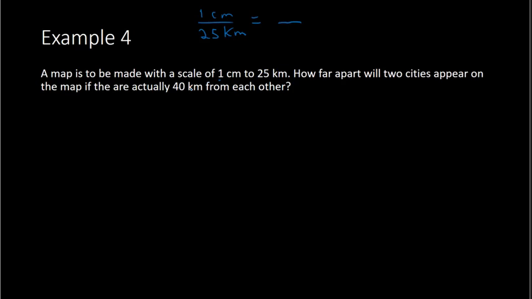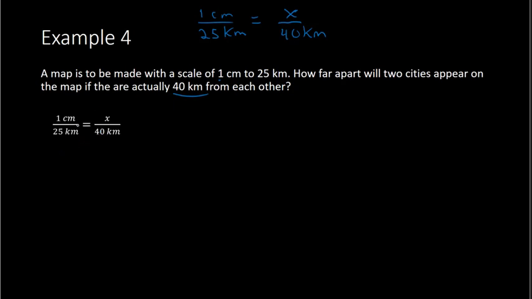The other fraction, we know the actual distance is 40 kilometers. So the actual distance goes on the bottom, right? The top is going to be the map distance, and the bottom is the actual distance. And then we're trying to find the map distance for the two cities. So that's your unknown, and that's going to go on the top. So you see it typed up right here with the same proportion.